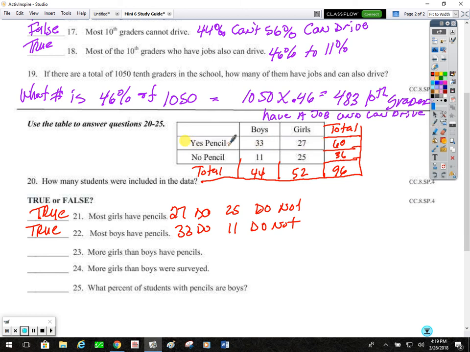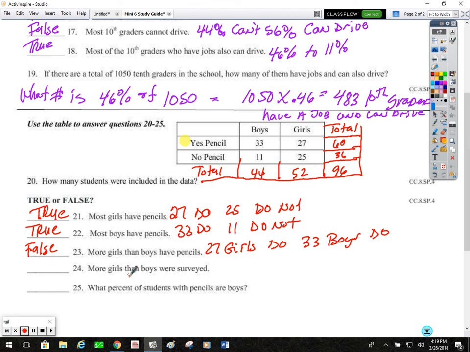We have 33 boys that do and 27 girls that do. So this one is a false statement. Okay, 27 girls do, but 33 boys do. Okay, so we have more pencils for boys than girls.